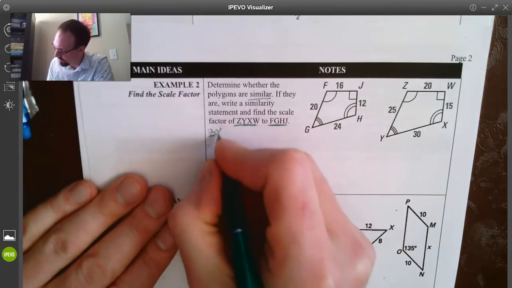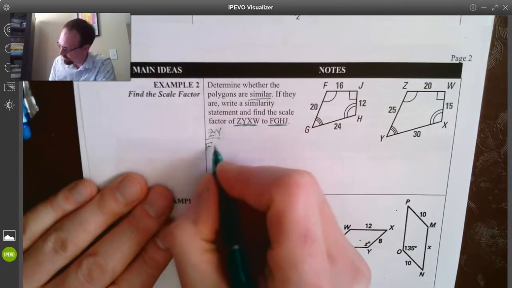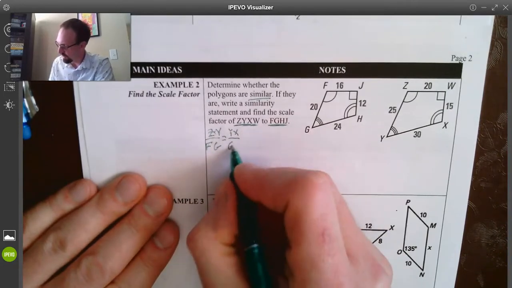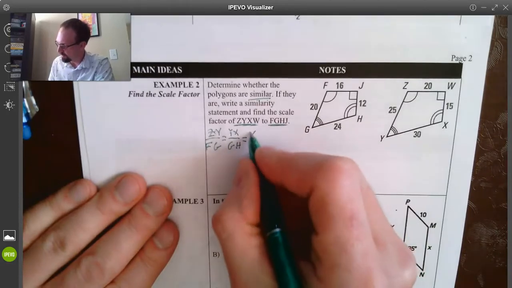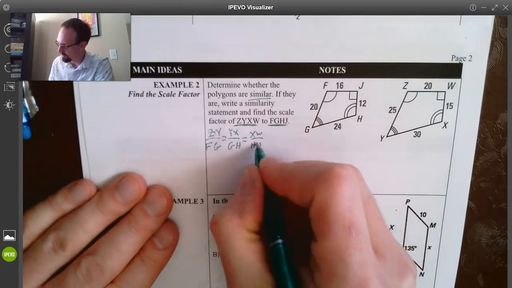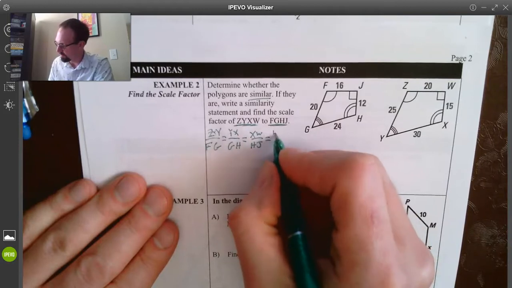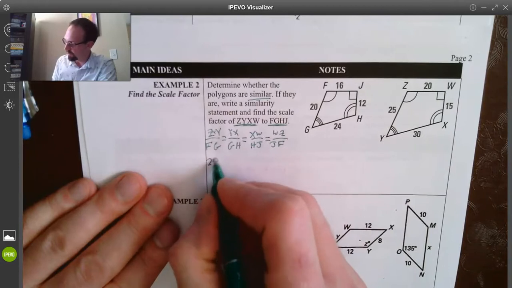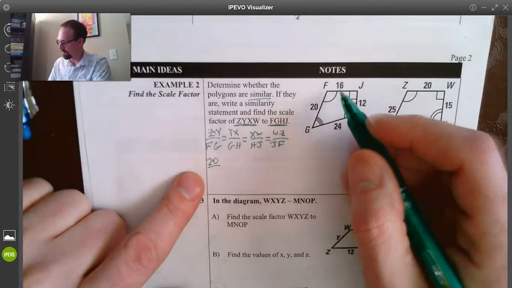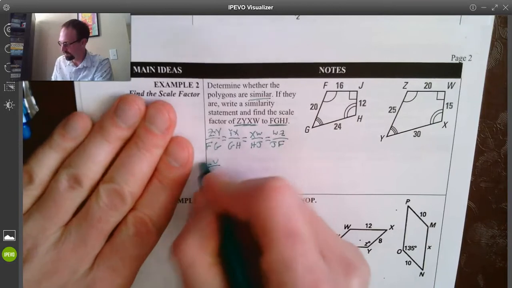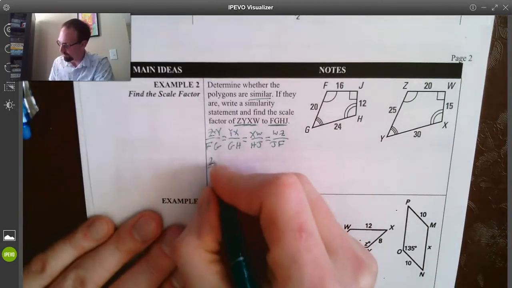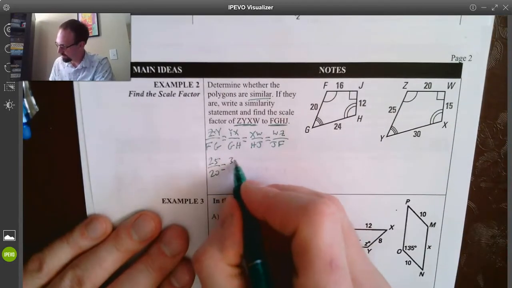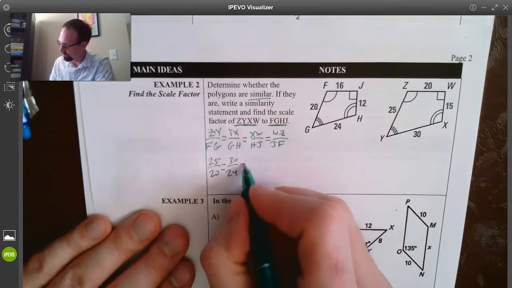So ZY over FG, and then YX over GH, XW over HJ, and then WZ over JF. So again, 25 over 20, seeing if this reduces down to, let's see, YX, 30 over 24.